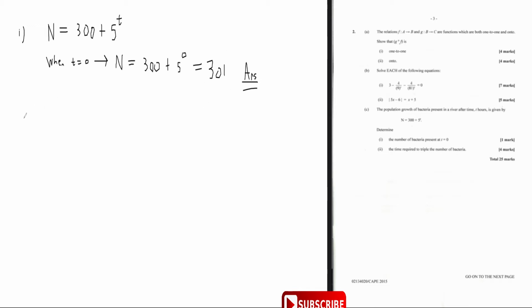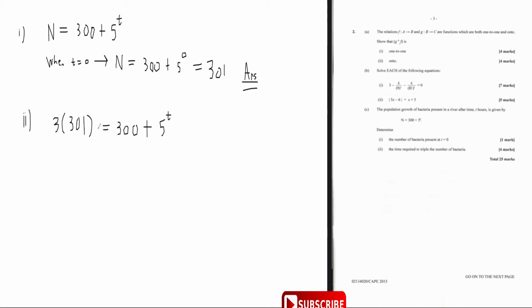So in part 2, a tripling of the bacteria means if you triple 301, so it's 3 times 301, that's when the bacteria is tripled. We're going to set 3 times 301 equal to 300 plus 5 to the t. And we're going to find out in how many hours, since t is in hours, it takes the bacteria to triple.